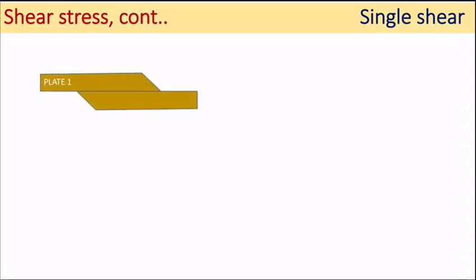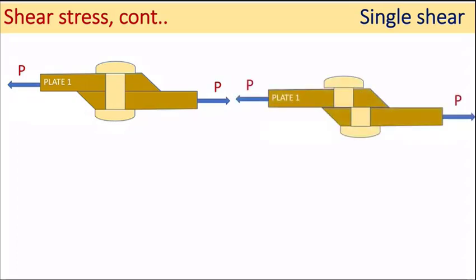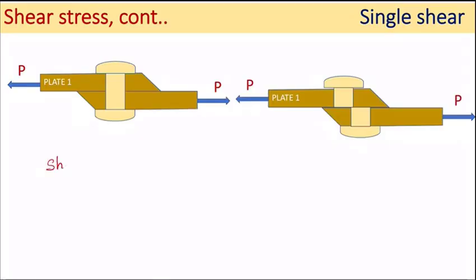Next, let's see the shear stress and strain in detail. Suppose there are two plates that are riveted. Now we are applying an equal force tangentially. Due to this force, the rivet will be cut here. So we can calculate shear stress.